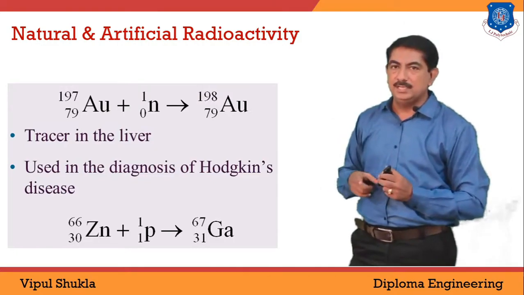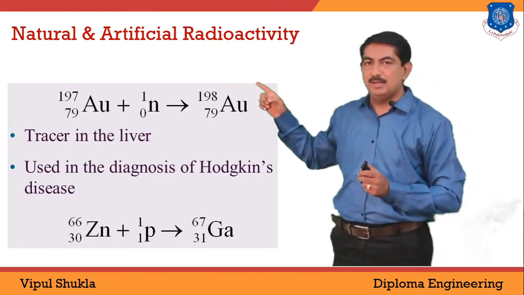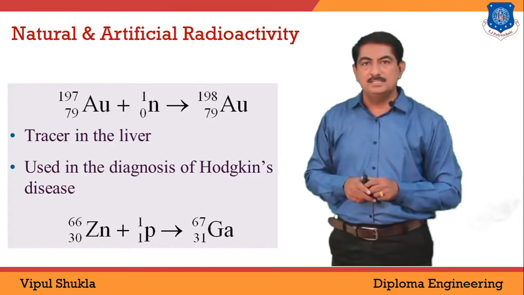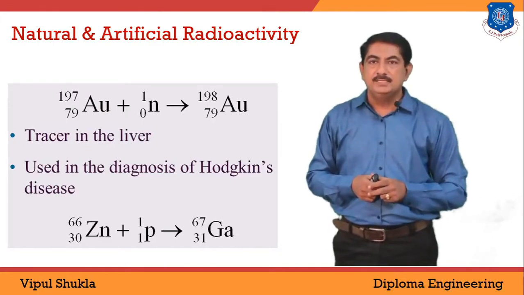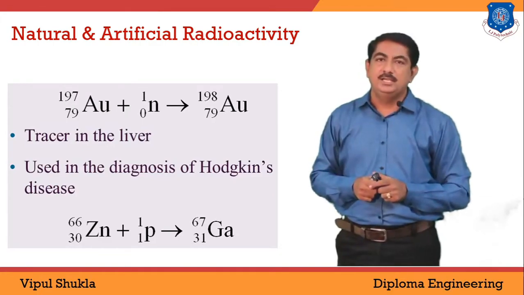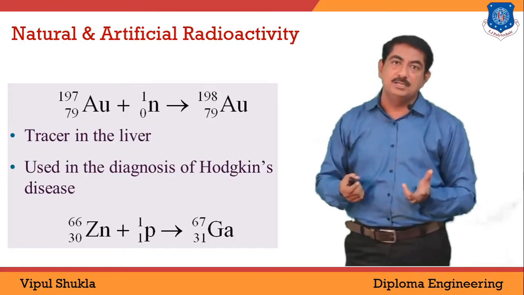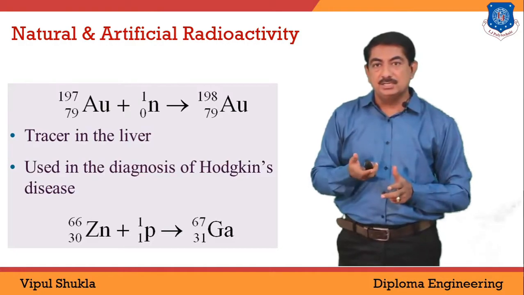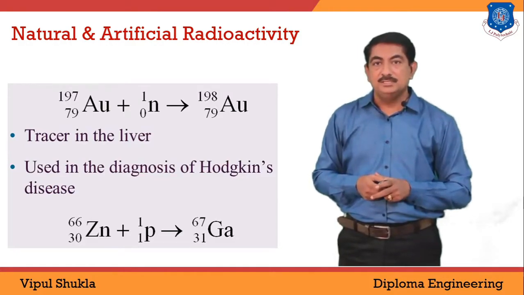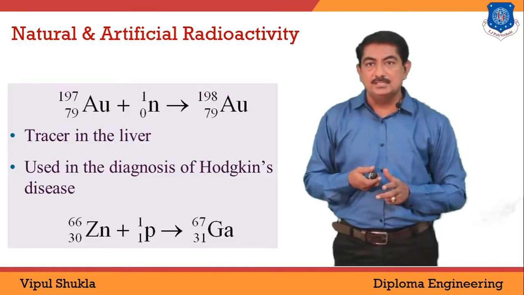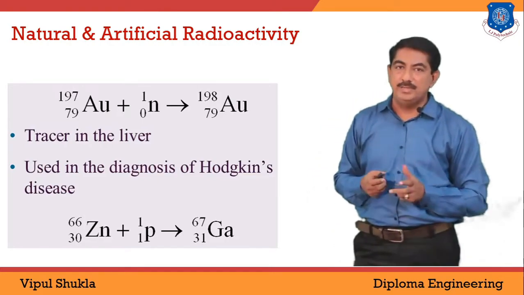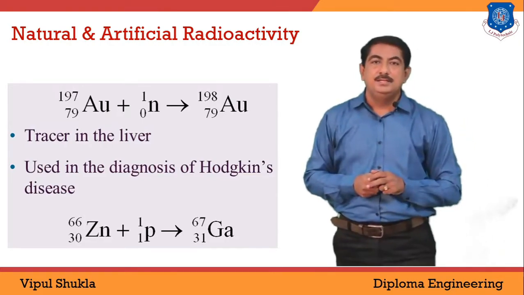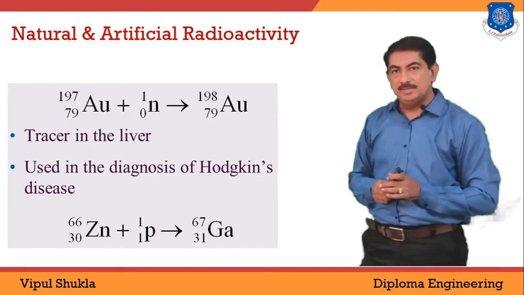So here Au with 79 atomic number and 198 atomic mass, we can say it is an artificial radioactive element. And there are certain applications of artificial radioactive elements, such as a tracer in the liver, used in the diagnosis of Hodgkin's disease, various applications of the natural as well as artificial radioactive elements.